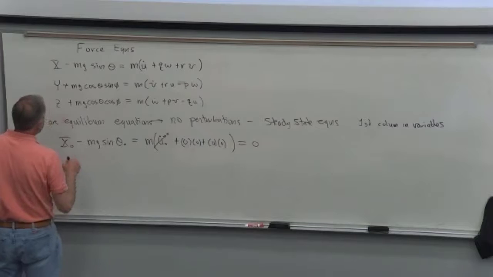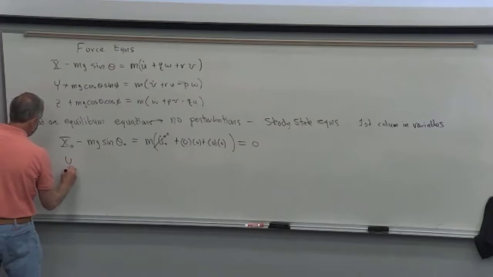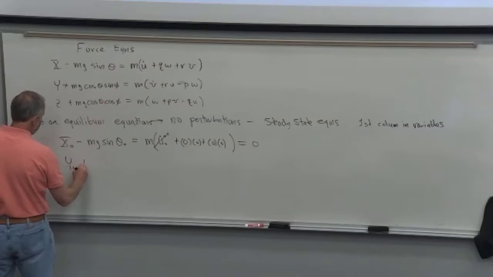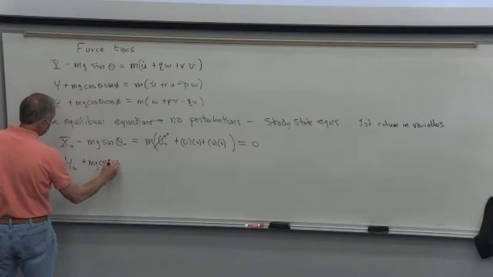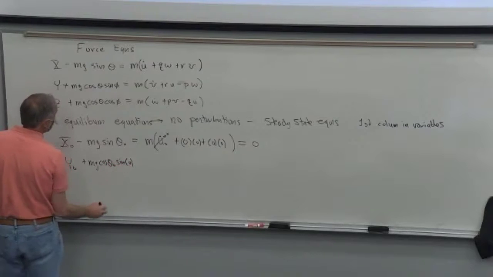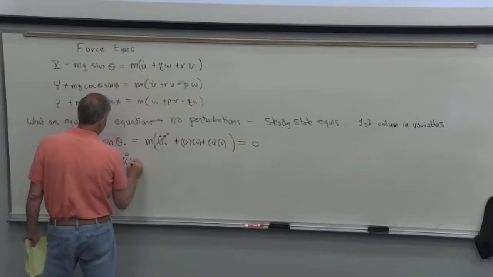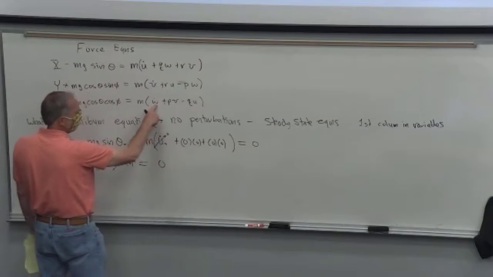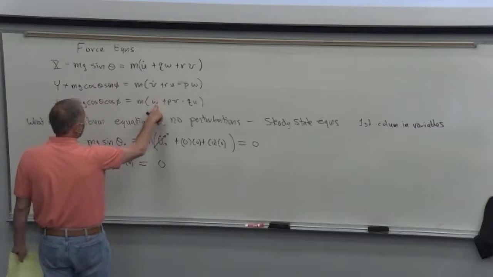If we do the y direction, we have a Y0 sine of 0. Even though we have a cosine theta 0, we have the sine of no bank angle. So that's 0. And all of this stuff over here is 0 because there is no W0.